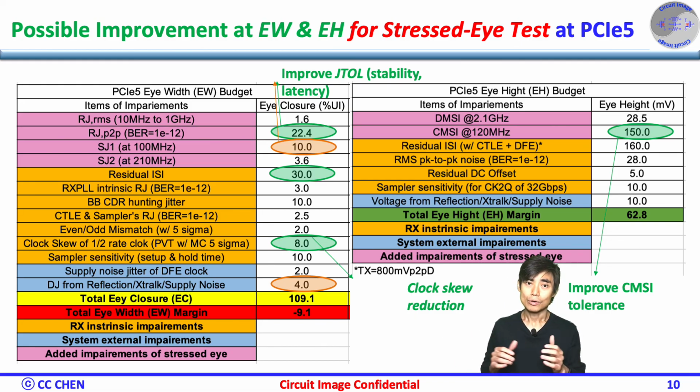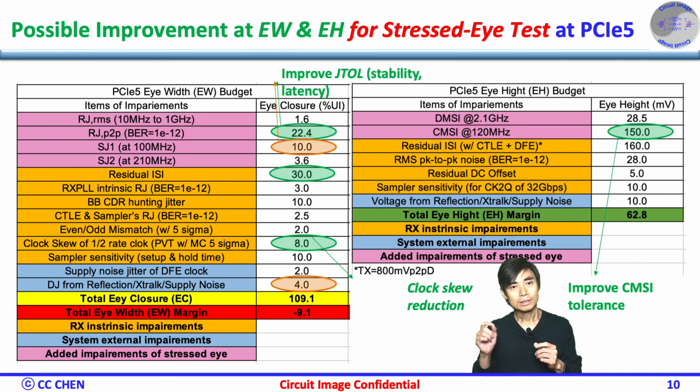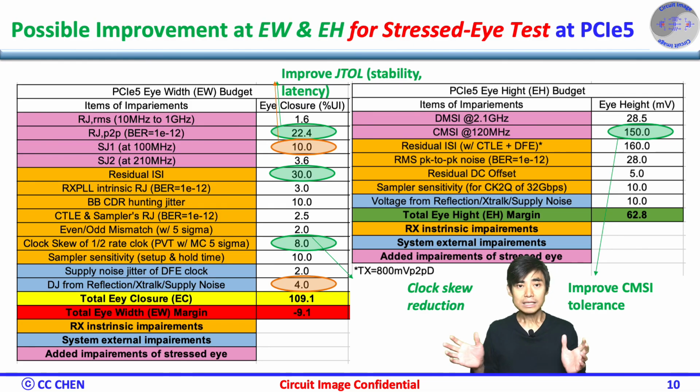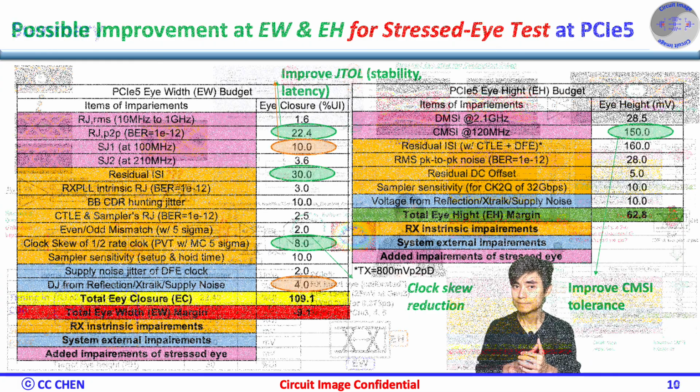So, most of the time, we still need to further improve the RX intrinsic impairments like RX phase errors, CDR stability and latency, residual ISI, and even other interference from supply noise, crosstalk, and reflections.